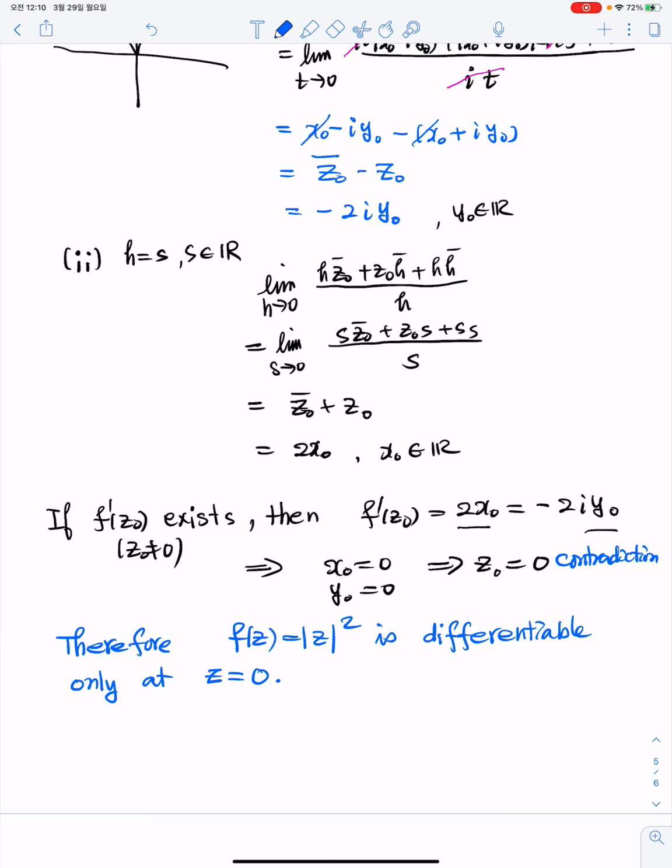If z is non-zero, this function is not differentiable.